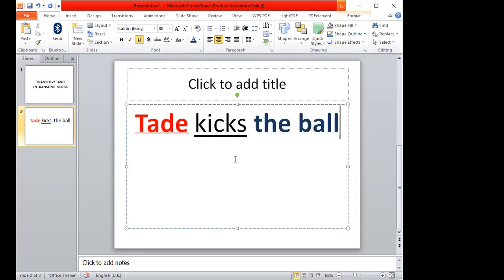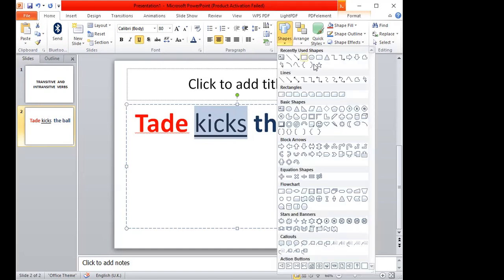Now, in this particular sentence, we have three constituents. We have a noun, which is our actor, and which is the subject of the verb kicks. And then we have the recipient of the action kicks, that is the ball. So now, this will mean that in this particular sentence, this action kicks can directly have effect on the object that we are dealing with.